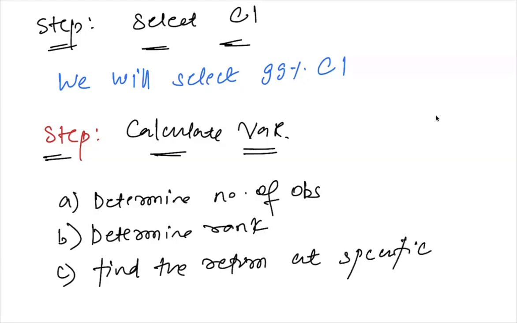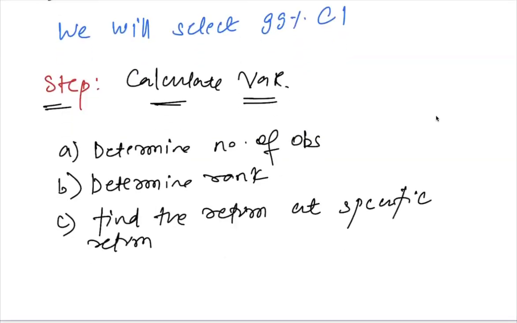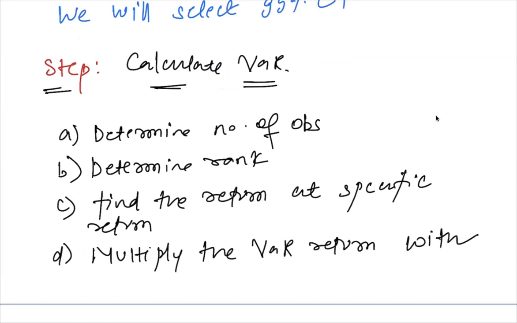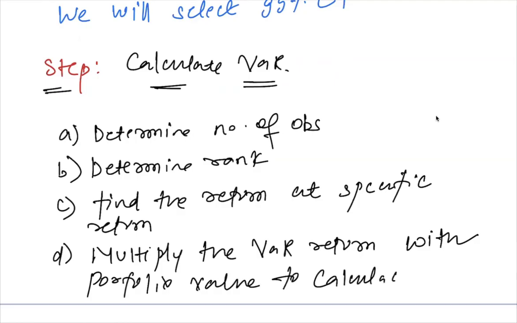And the last step is to multiply the VaR return with the portfolio value to calculate the losses, or the value at risk.